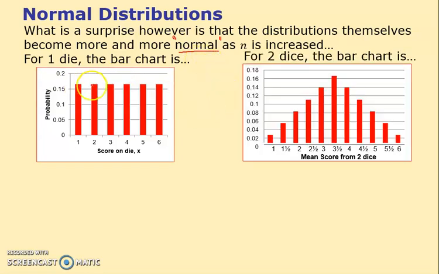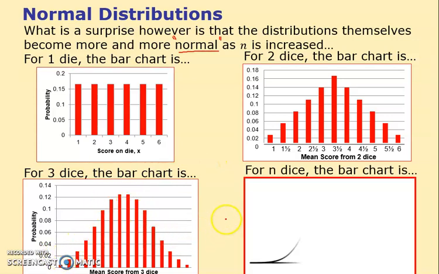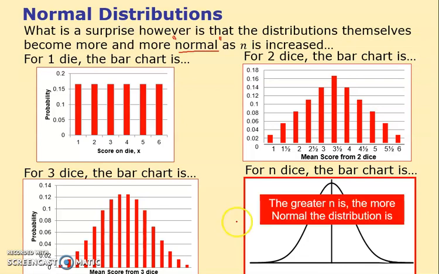And you notice initially it went straight across. It was a uniform discrete distribution. Here it's quite pointy. Here it's becoming definitely more curved. And the more times I do it, the more normal it becomes. The greater n is, the more normal the distribution is. And that's what I want you to take from that: this was not an accident, that this started getting more of this shape. It was definitely more normal.